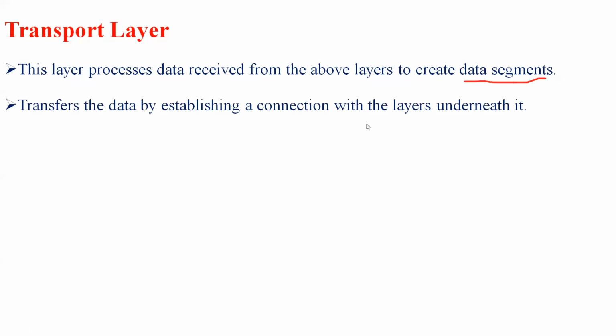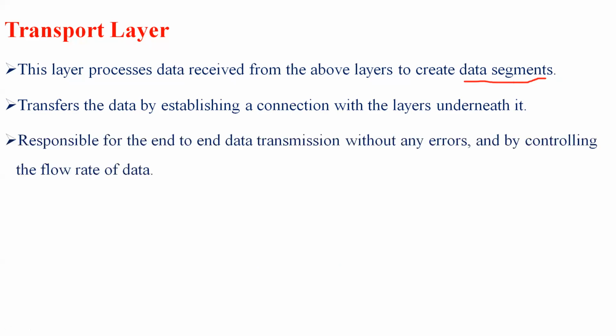It transfers the data by establishing connections with the lower level layers. In order to transfer the data from the sender to the receiver, it establishes connections with the lower level layers.